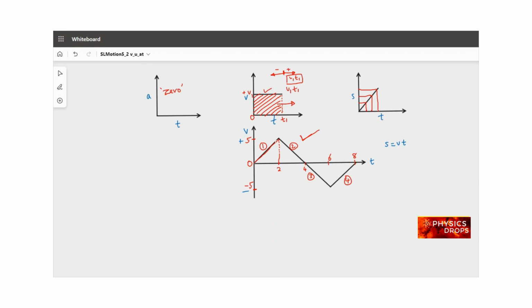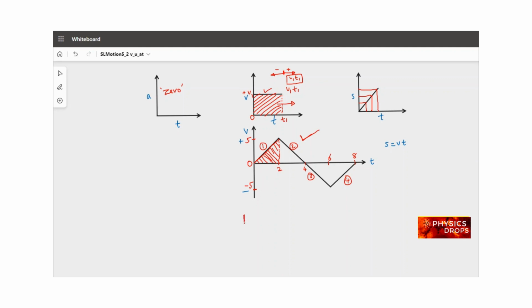The time it does so is 2 seconds. So the area of this triangle will give the displacement for the first 2 seconds. The area of the triangle we know is half times base into height, which is half times 2 multiplied by the height, plus 5, which is half into 2 into 5, is 5.